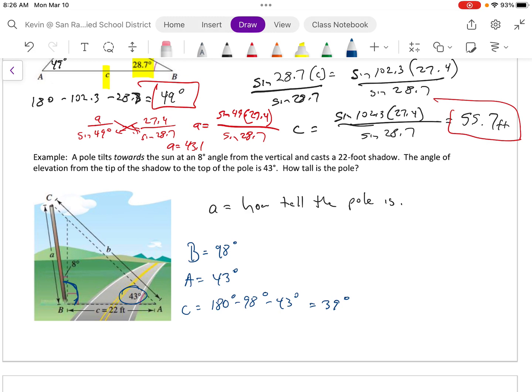All right. And we want to find A. We know the angle opposite A, and we know all the other angles. So let's see which two we should use.